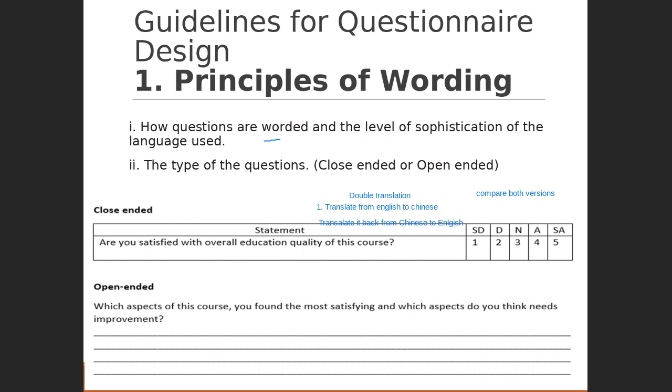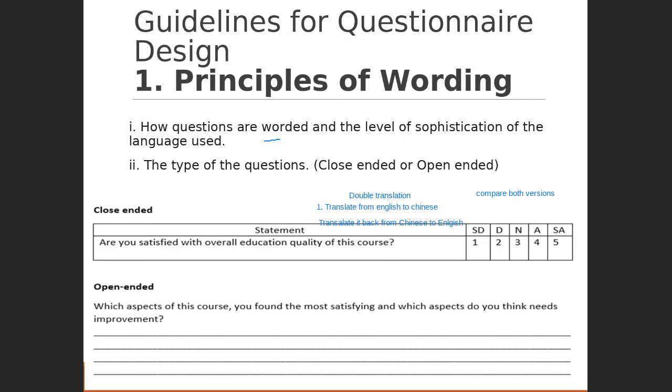And if they don't convey the same meaning, if any word is particularly affecting the meaning of the statements, then you need to adapt it. You need to change it. So this is the double translation method, and you need to complete it before administering your questionnaires to the general population.